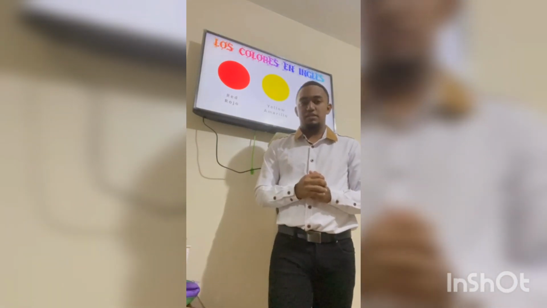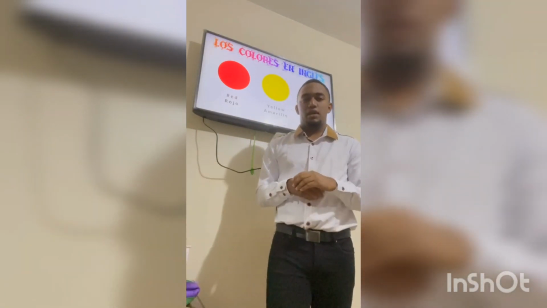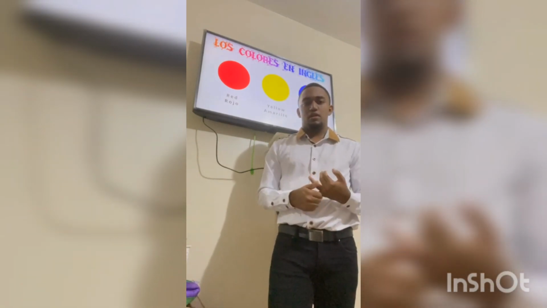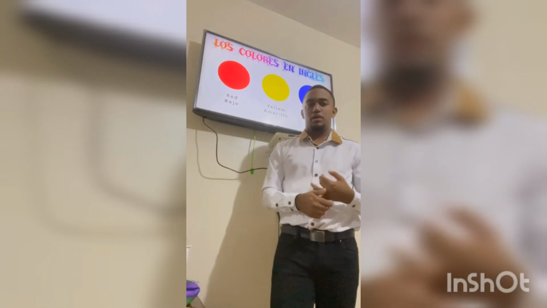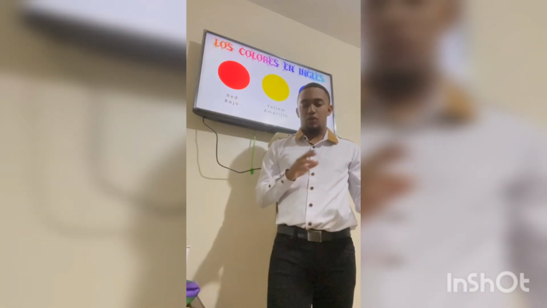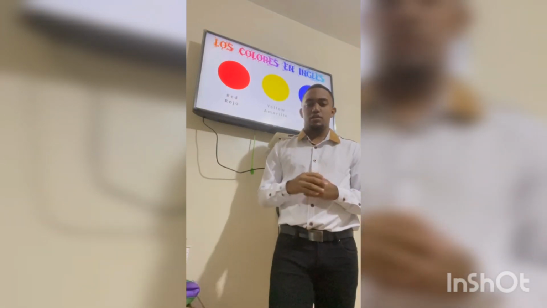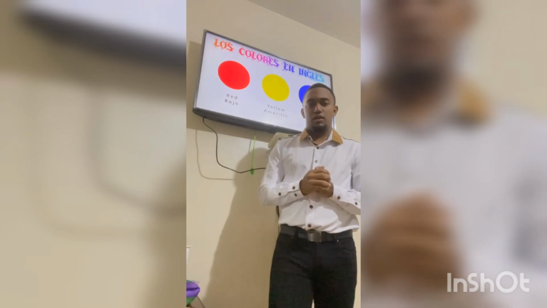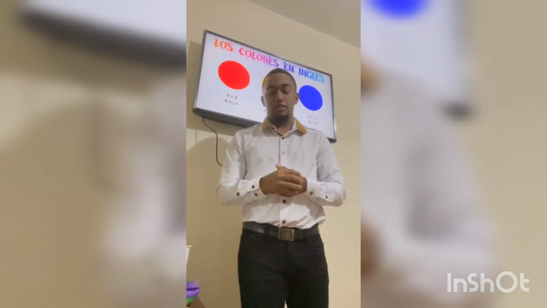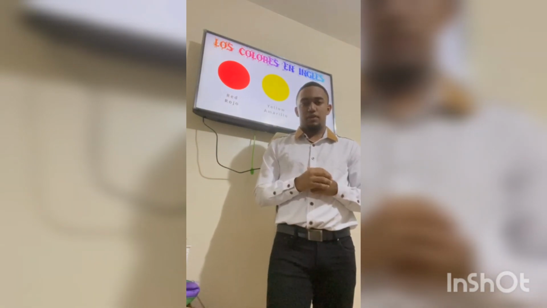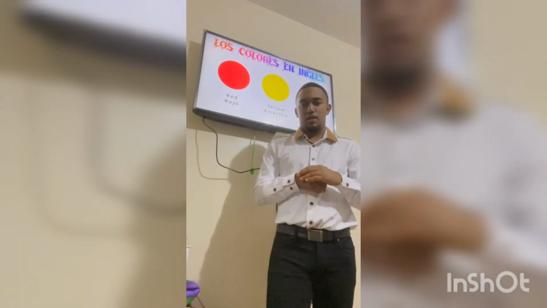For example, if I say the cat is sleeping, in this case, students must know how to identify the subject, the verb, and the complement in all the sentences, to be able to translate these sentences from our native language to American speakers.